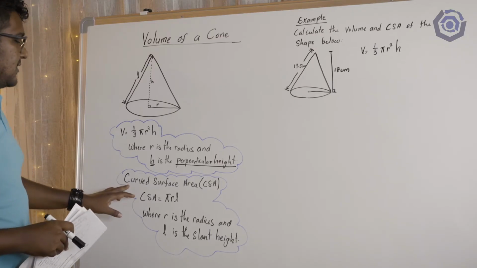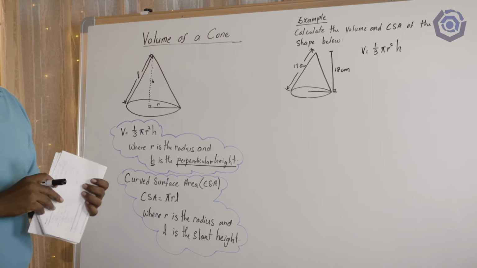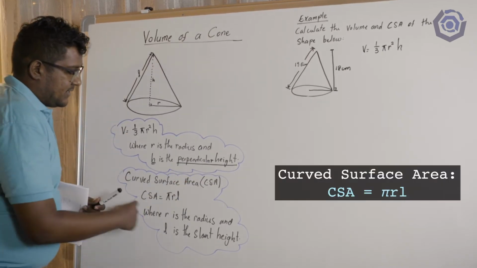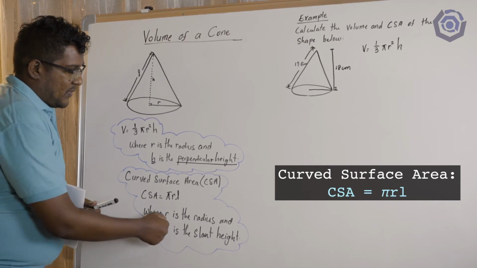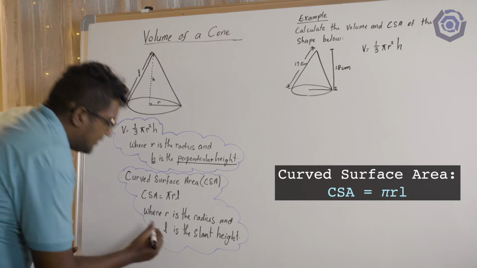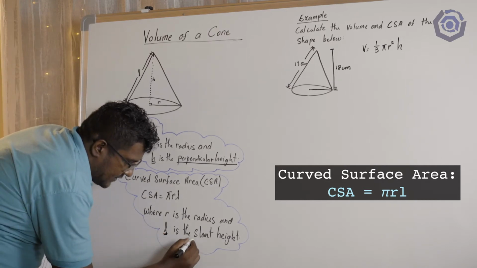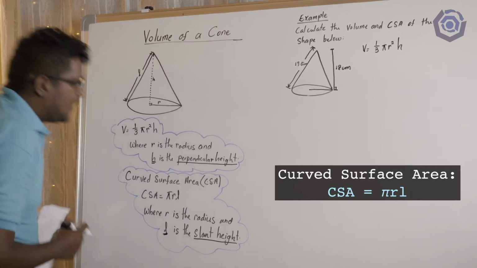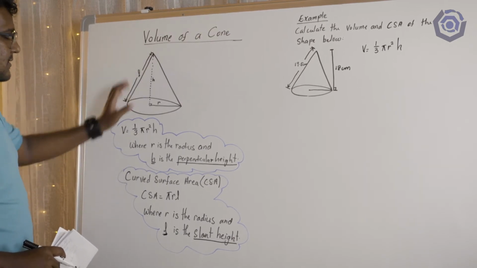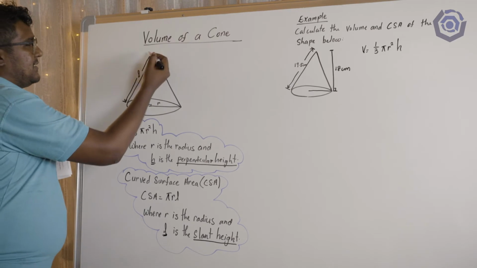And you have the curved surface area in this case instead of total surface area because it's round. The curved surface area is equal to pi r L, where r is the radius and L is the slant height. Take note of this one, L, and then you have slant height. So h would be our perpendicular height and L would be our slant height.